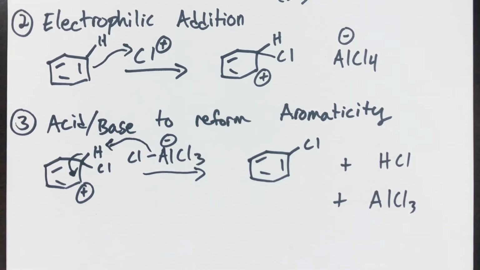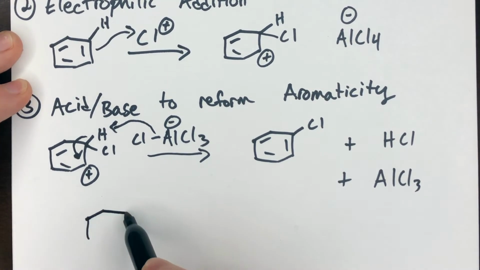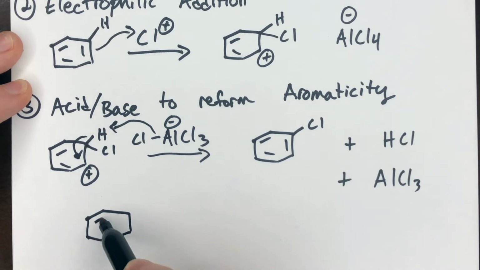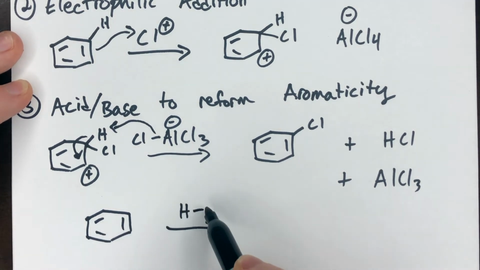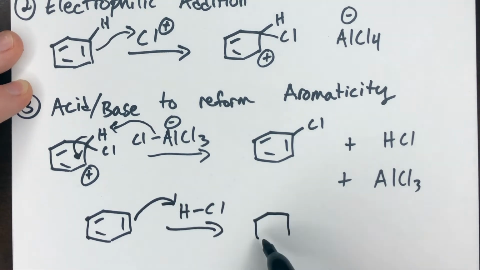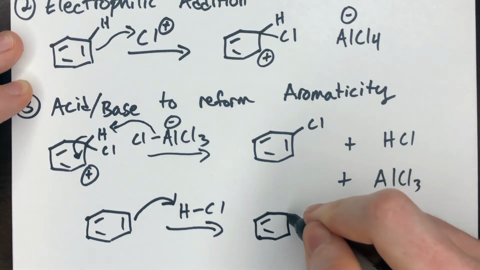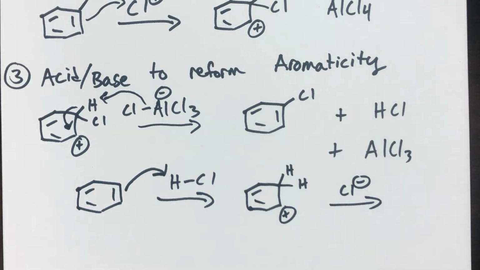Now, you may wonder why this doesn't react simply with HCl. Like we've looked at with other alkenes, that electrophilic addition can occur with HCl. So basically, why doesn't this step happen? Why do we have to go through the generation of the Cl+ instead of doing this? Well, the reason is breaking the aromaticity here is not favored enough for this to happen.